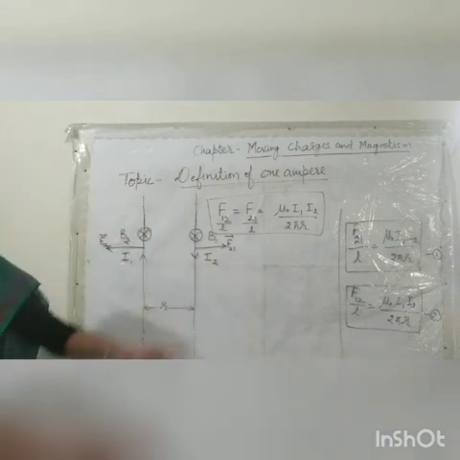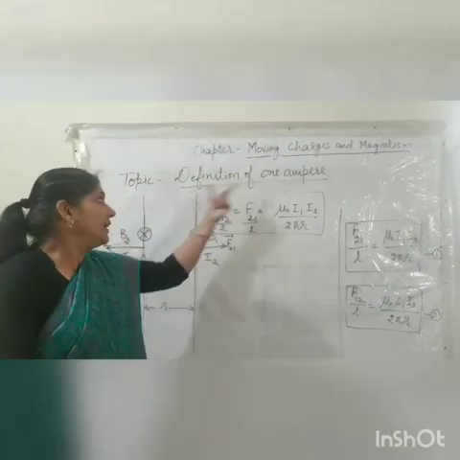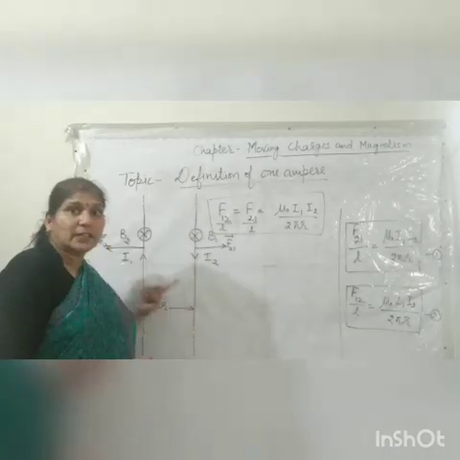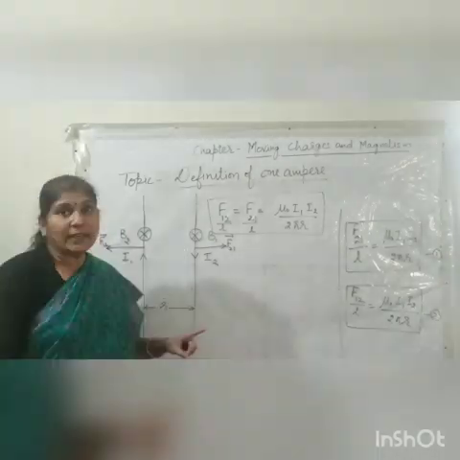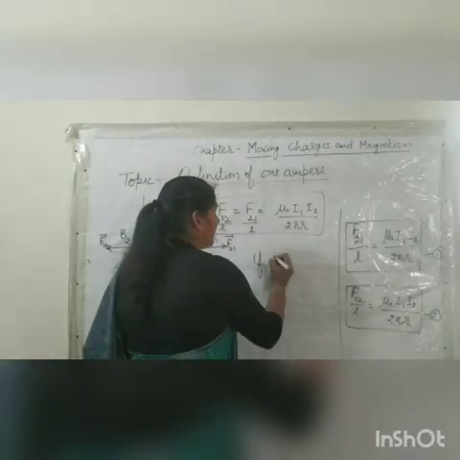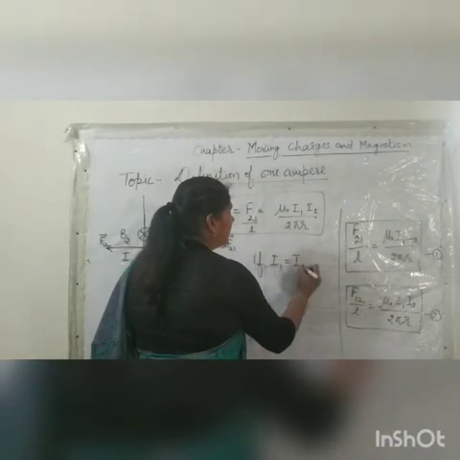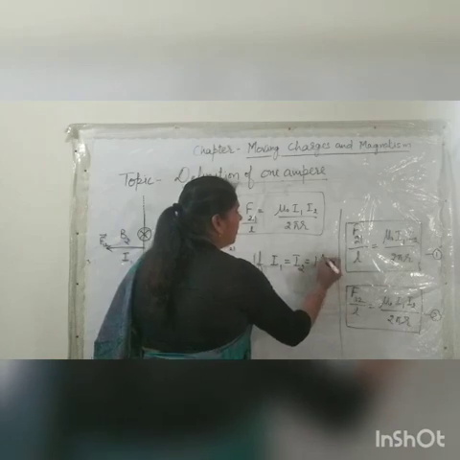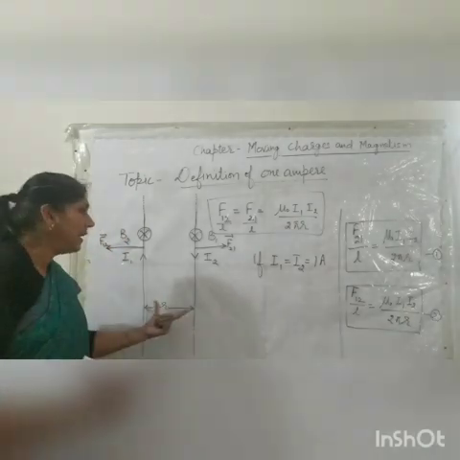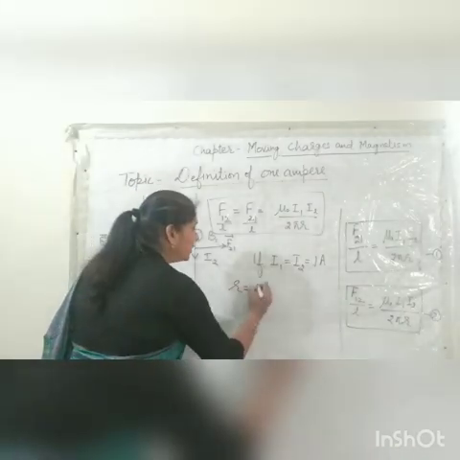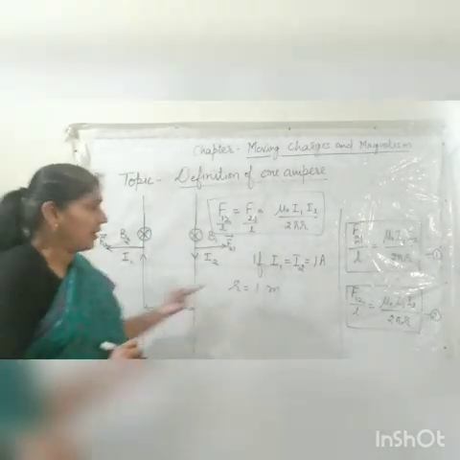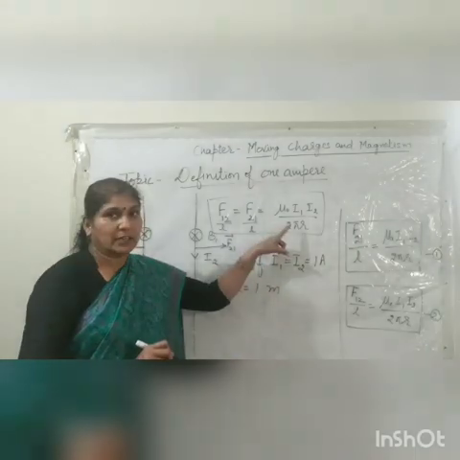Now from this expression we can define our 1 ampere. For it, suppose these two conductors are both carrying the same current of 1 ampere. It means I1 is equal to I2 is equal to 1 ampere, each conductor is carrying 1 ampere current, and let the separation between these two conductors also be 1 meter. They are separated by a unit distance, and unit current is flowing through each conductor.